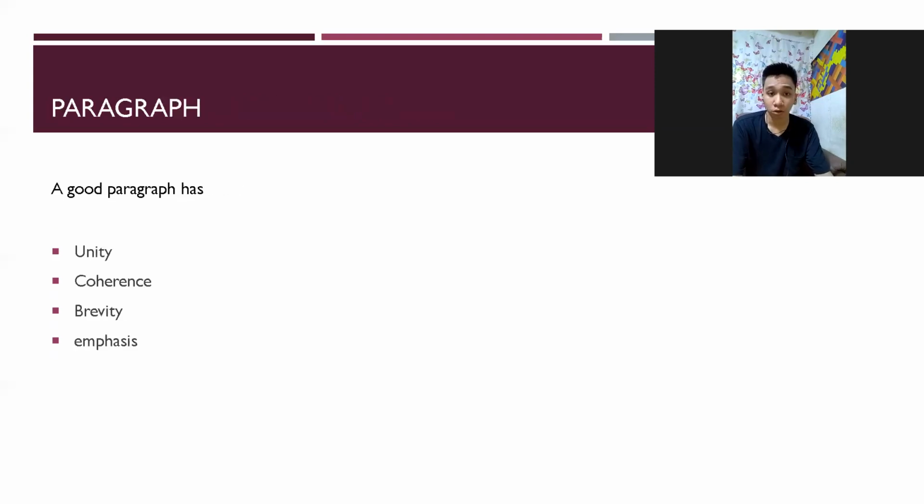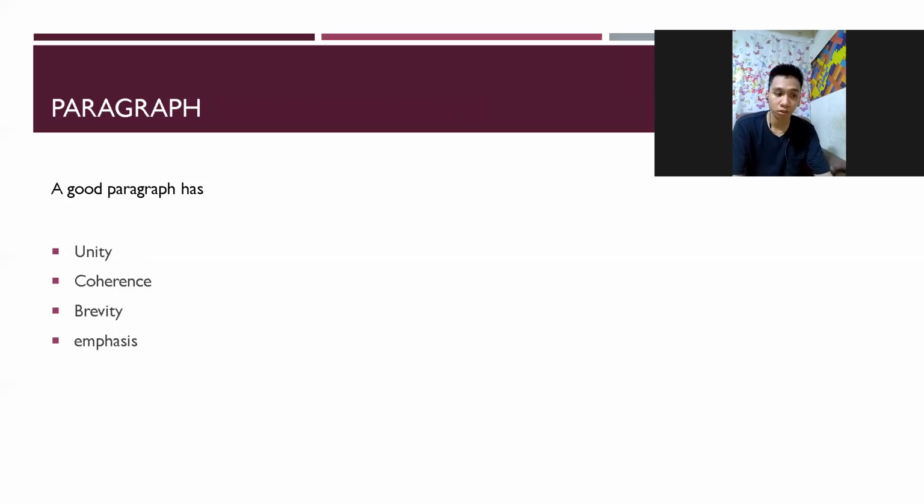So a good paragraph has unity, coherence, brevity, and emphasis. When you say unity, it means the ideas in the paragraph are unified. Ideas must be linked together, because it is very easy to understand when the ideas are linked together.